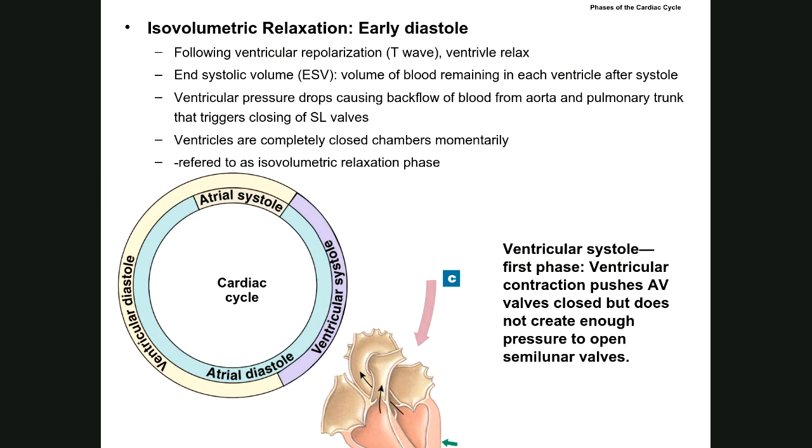The AV valves are closed, and the pressure is not enough to open the SL valves. So the ventricles are momentarily completely closed chambers, creating what we call the isovolumetric phase.